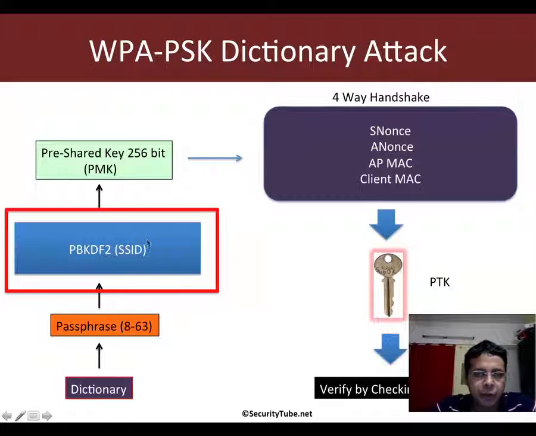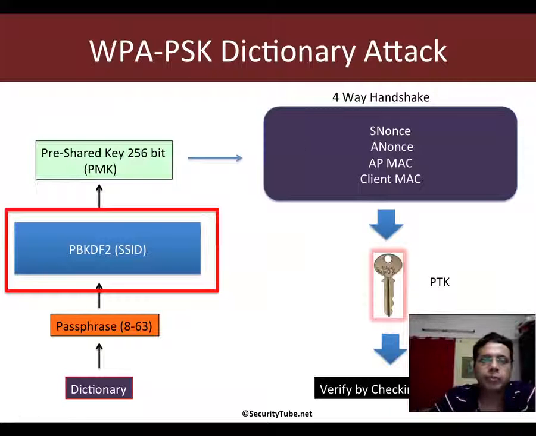And the next step, which is using the PMK and a couple of other interesting variables like the S nonce, A nonce, AP MAC, and client MAC, is very simple, and it does not take up much CPU cycles at all. And from there we derive the PTK, which we verify with the MIC.